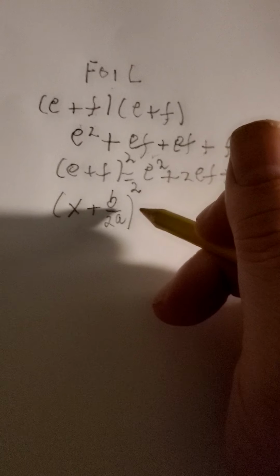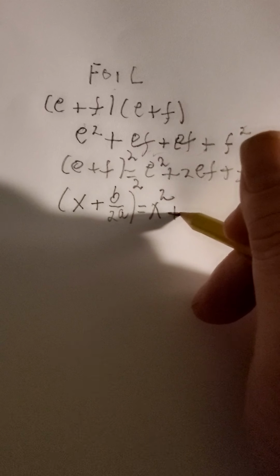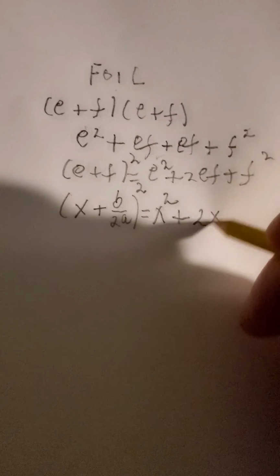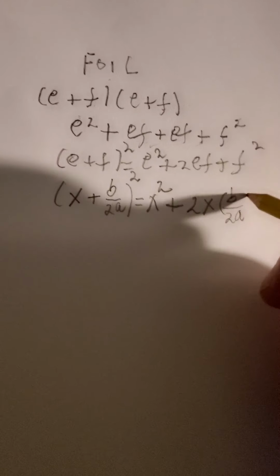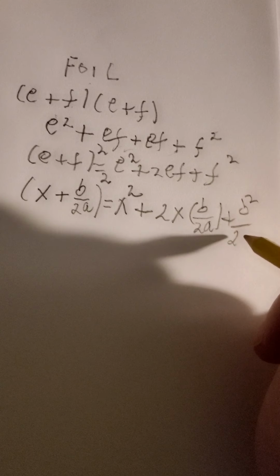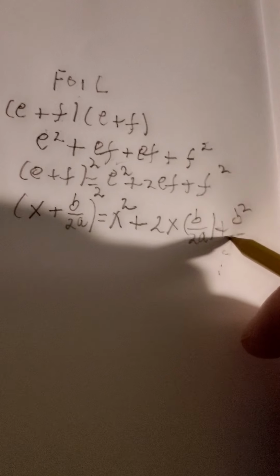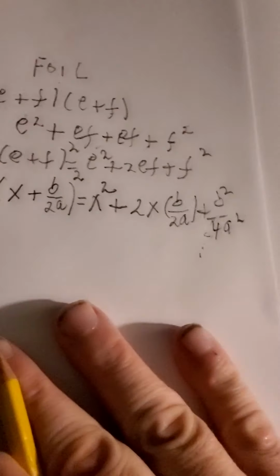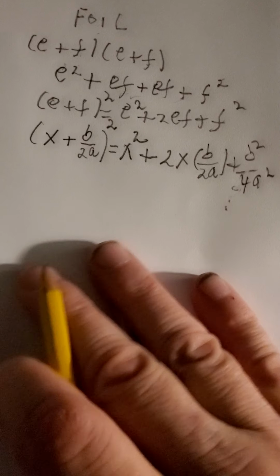I'm going to use that same rule here. So I get first term squared plus 2x times b over 2a plus b squared over, sorry, that's going to be a 4, over 4a squared, like that, okay? And you have a comparison here.